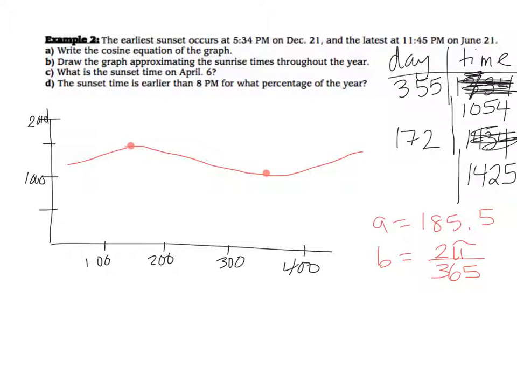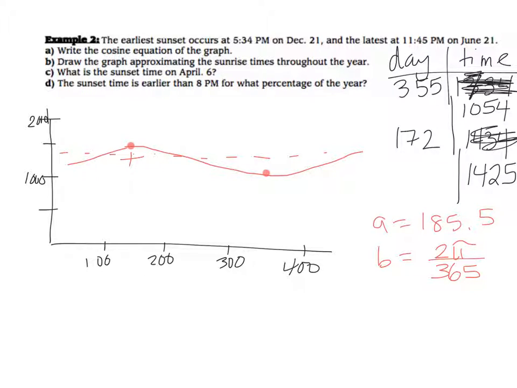And then we need to find that point. It's asked for a cosine function, so we're going to look for a point that is right along that middle line and below the maximum, so like there. We need the coordinates of that point. The x-coordinate is easy when it's a cosine function, because it's the x-coordinate of the maximum.